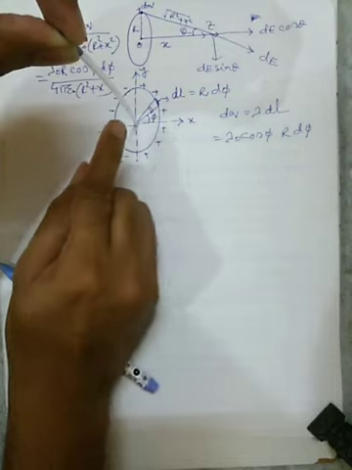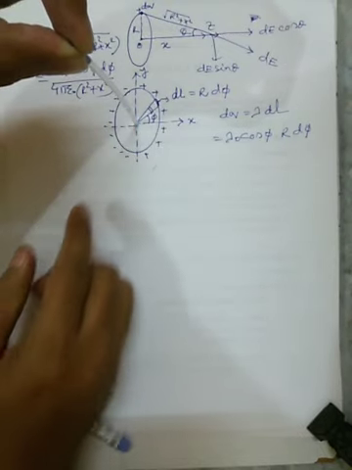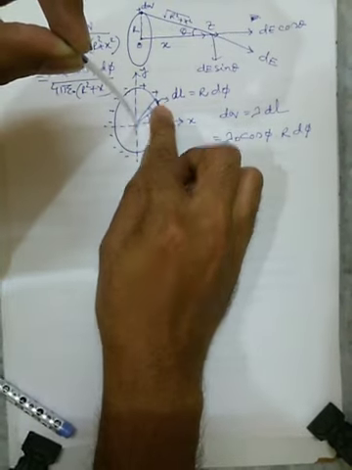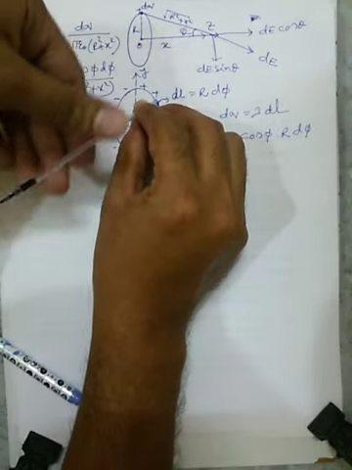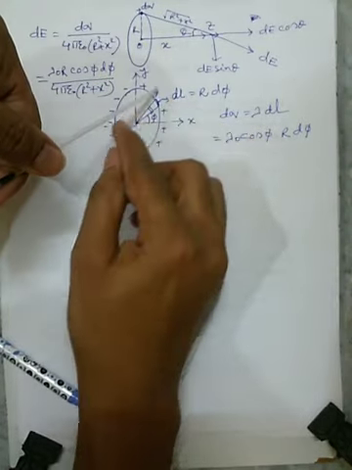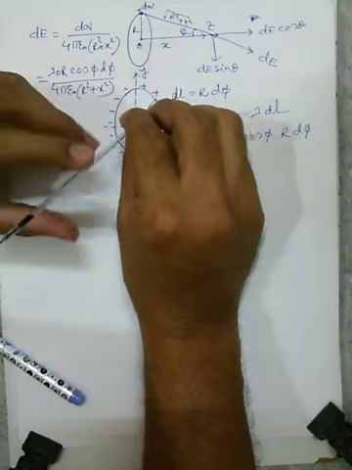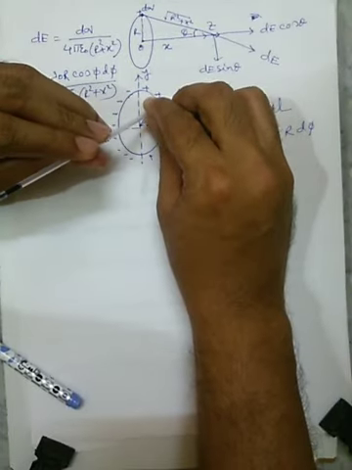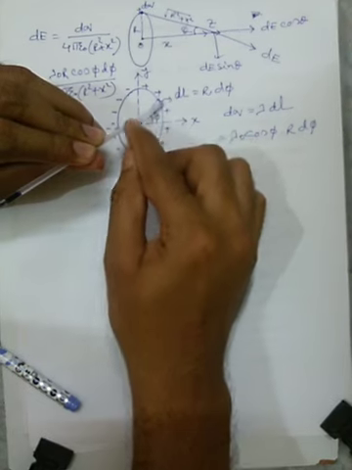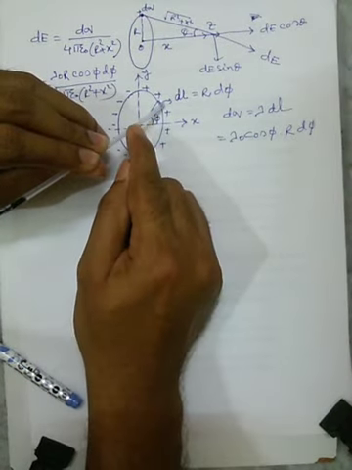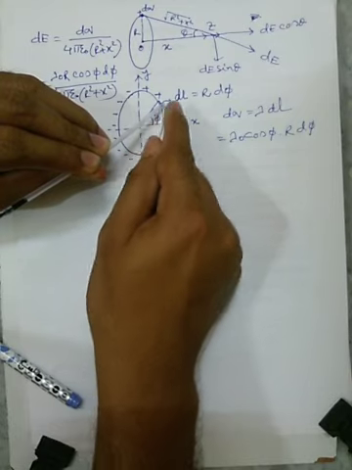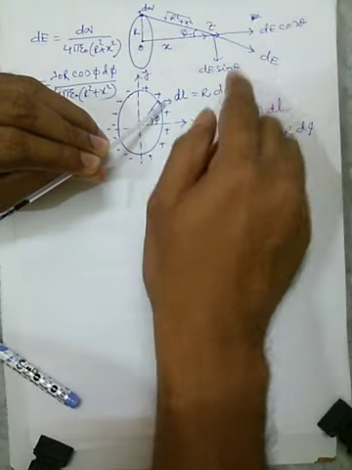That means if this is the point here, then due to this charge distribution dq, the electric field will be directed like this, away from this point at the point P. Here P is this point, electric field is directed away.